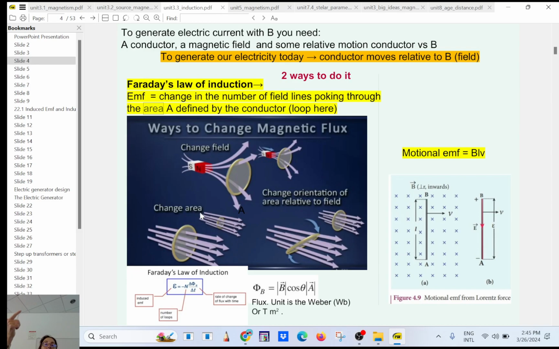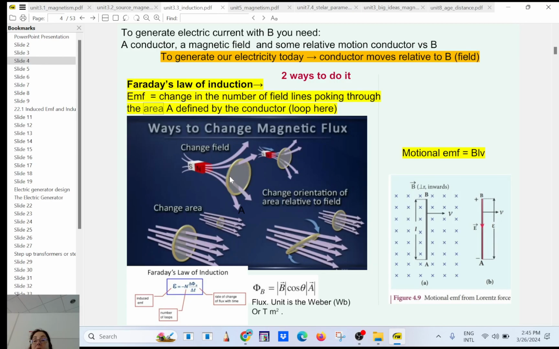Second, you need a conductor, okay? So electricity can flow through. Third, something has to move. Either you change the magnetic field, or you move the conductor. So here you have three ways to do it.